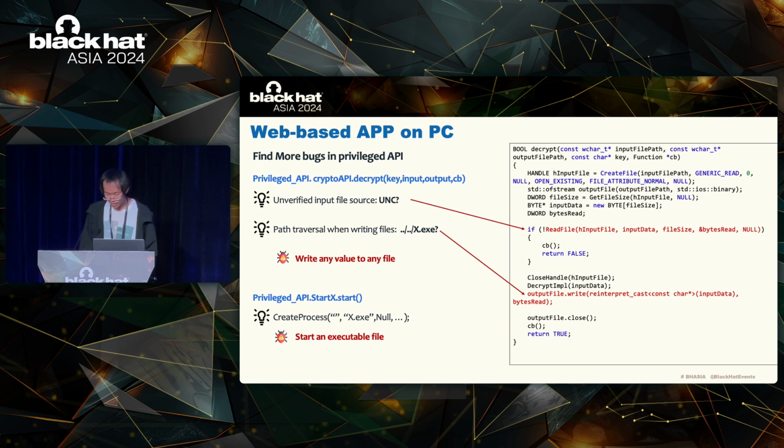And then we find bugs in the privileged application interface. First, we found two bugs in the crypto application interface. We use Windows UNC to control the input file as a remote file. We can also get path traversal when writing files, so we can write any value to any file.